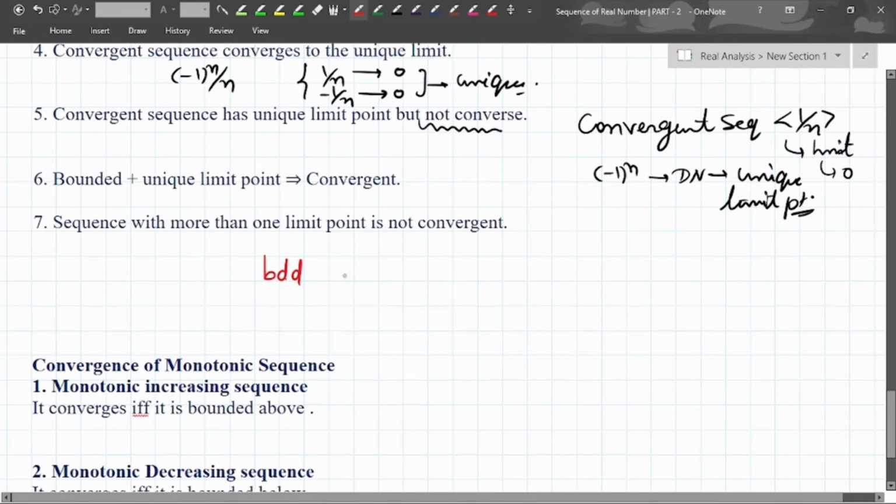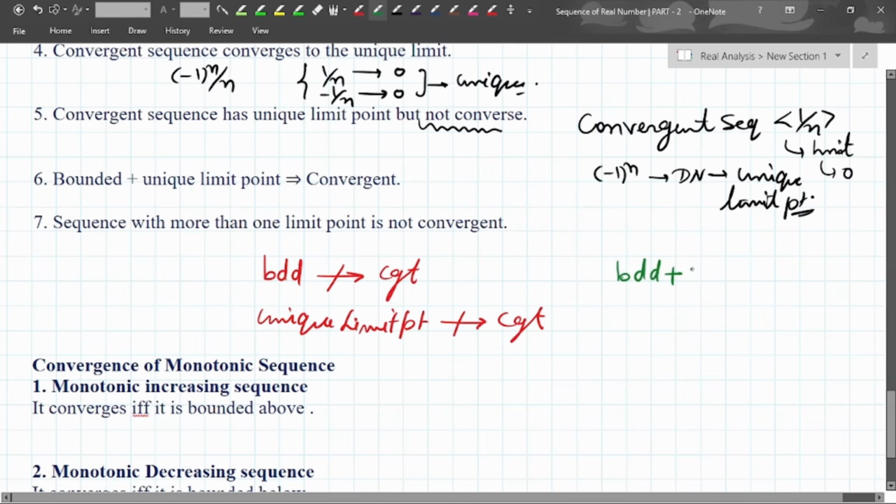If it is bounded, we can't directly say it is convergent. If it has a unique limit point, we can't directly say it is convergent. If both get together, meaning my sequence is bounded as well as has a unique limit point, then only can we say yes, it is convergent.